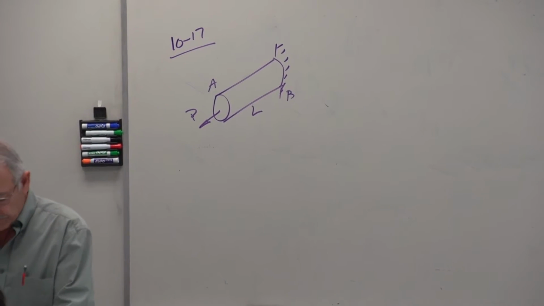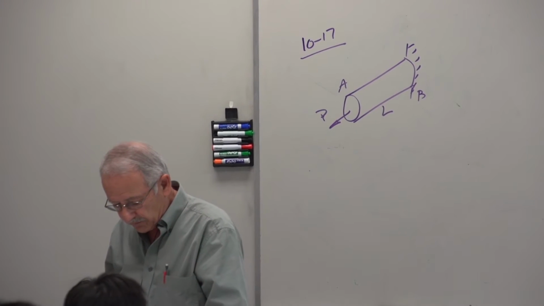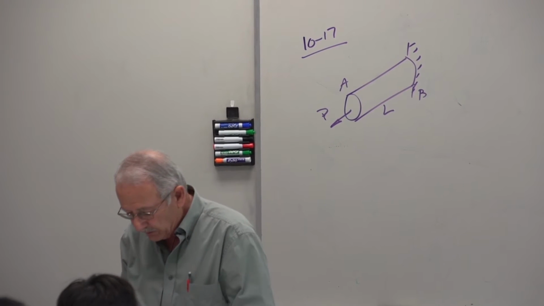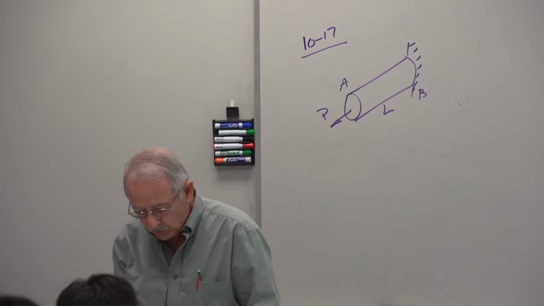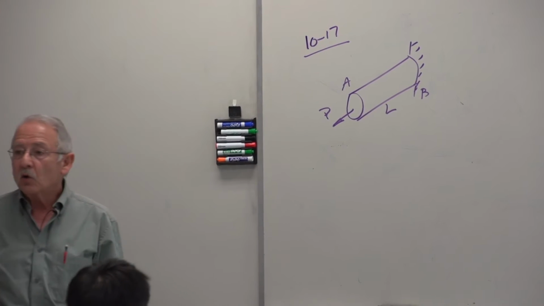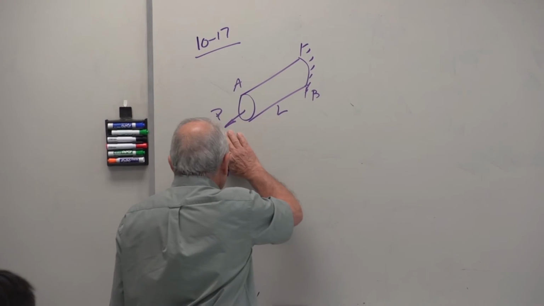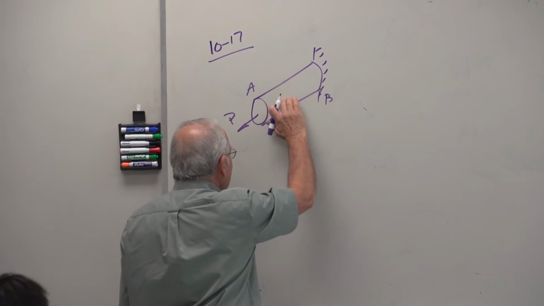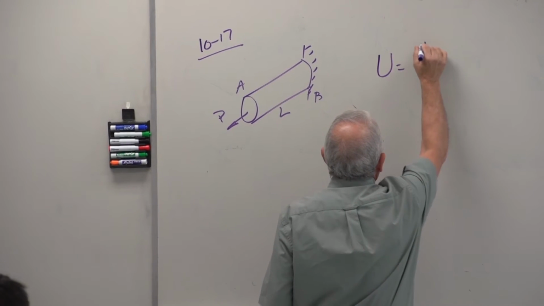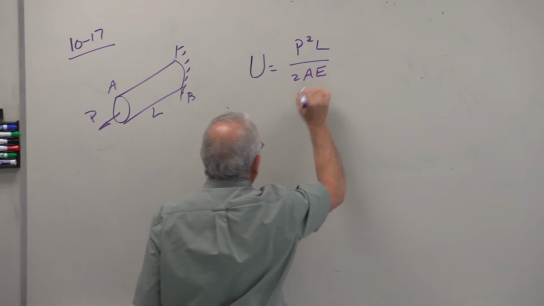We have, from the strain energy equations, that the strain energy for axial loading is equal to P squared L over 2AE. Notice that in this case, both the force and the cross-sectional area are constant. So U equals P squared L over 2AE.